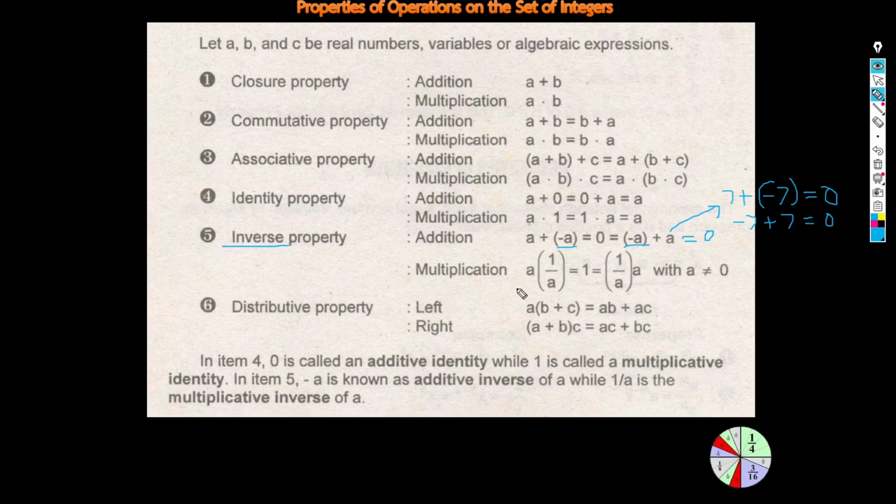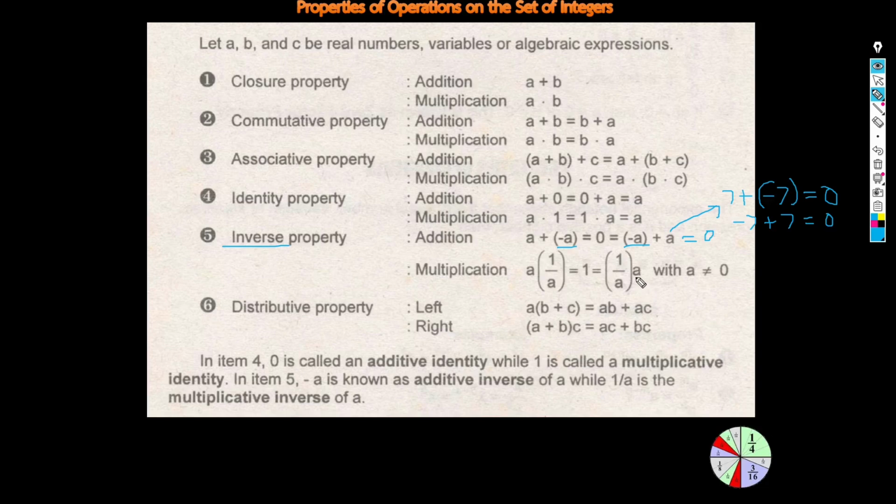Same with the multiplication. We also have the multiplicative inverse or the reciprocal of a given number. You see here, a multiplied by 1 over a is just equal to 1, or 1 over a multiplied by a is just equal to 1, given that a is not equal to 0, because if a is equal to 0, it will become undefined.